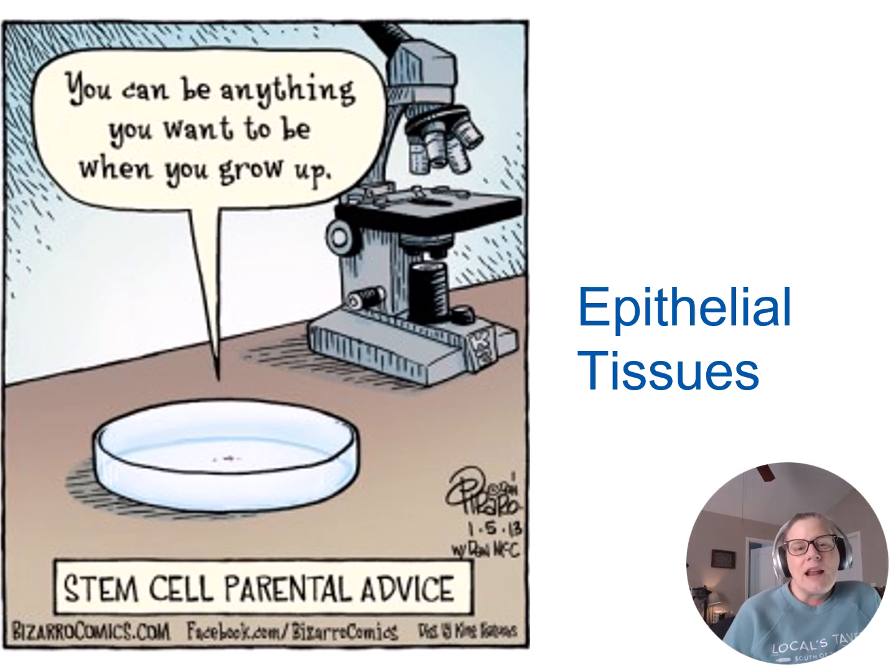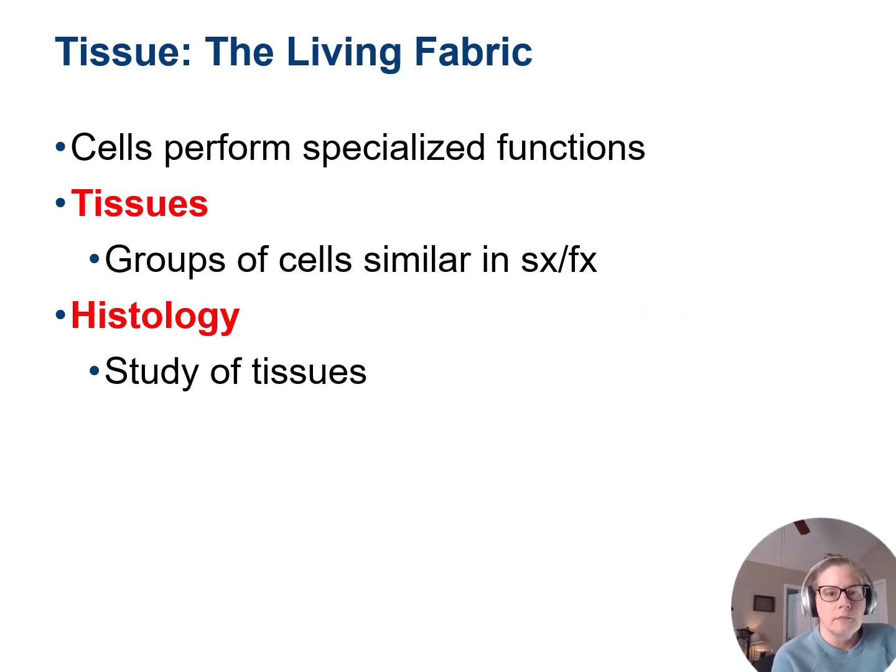Hello. Today we're going to be discussing epithelial tissues and talking about their structures, their functions, and the locations you can find them in the human body. Tissues are cells that perform specialized functions, and they're all grouped together by having similar structures and similar functions.